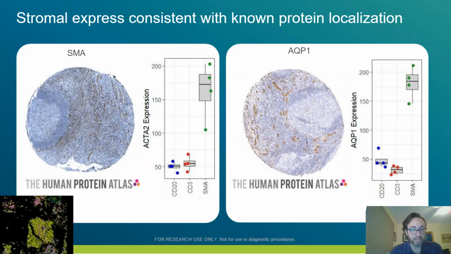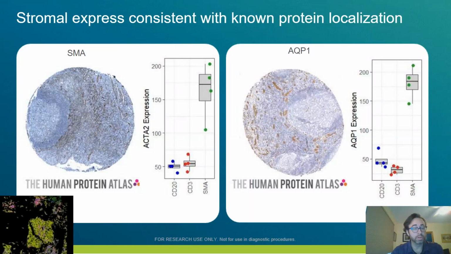Finally, the SMA-specific regions are regions that should have high degrees of fibroblasts and cells that are adjacent to those fibroblasts and make up structural components within the tissue. And what we can see here again is that SMA is specific, but we also get genes like aquaporin, which should be interacting with the stromal cells and may be more highly present within that type of tissue structure.